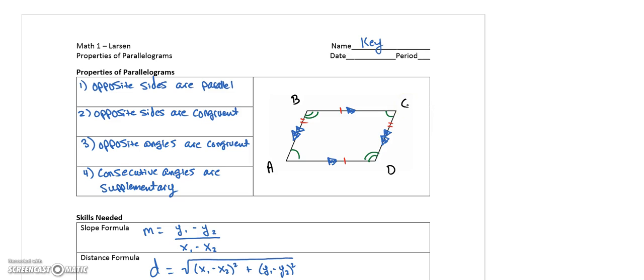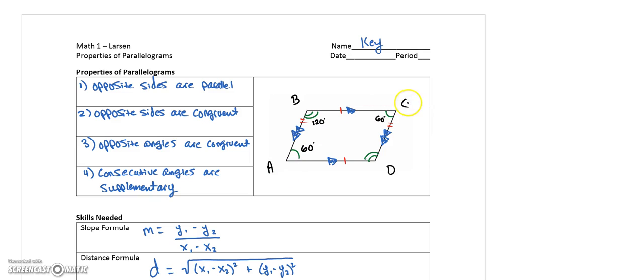Okay, so pick any pair of those that we just talked about, and there will be a supplementary relationship. So, for example, if I knew that angle A was 60 degrees, I would know that angle B would be 180 minus that, which is 120 degrees. Let's look at that same relationship with B and C. If B is 120, C is a consecutive angle with that, so 180 minus 120 gets me 60 degrees.